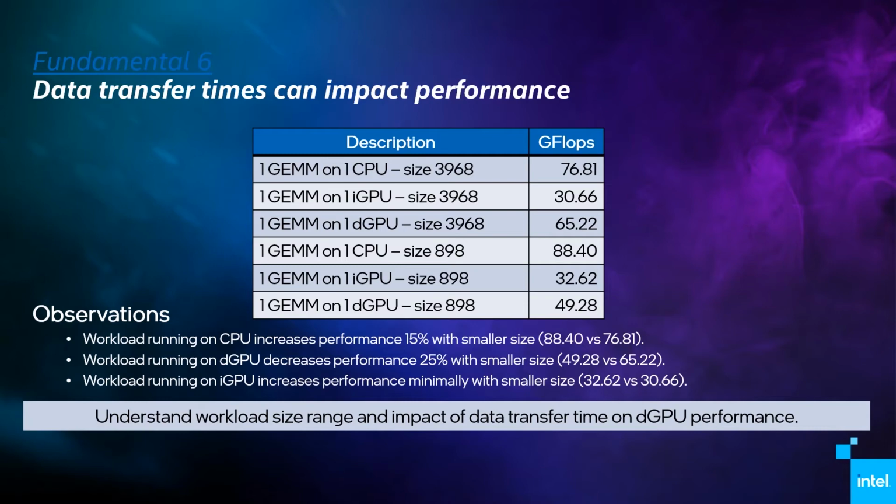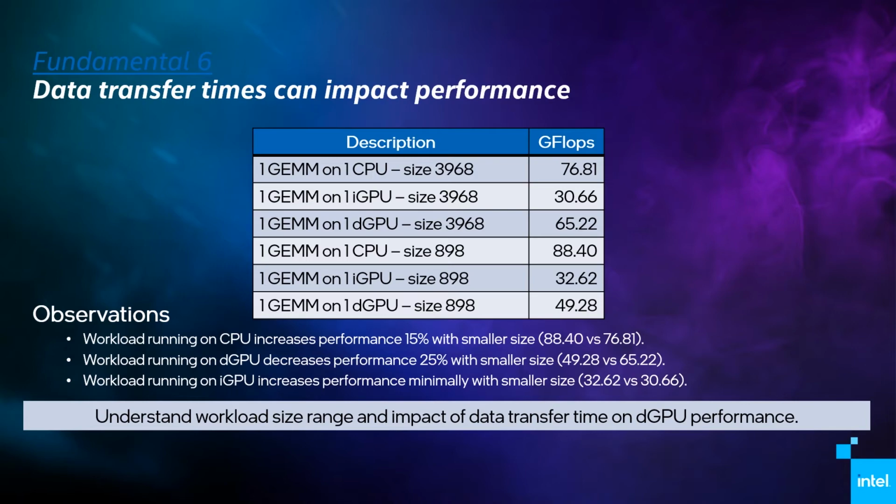Going from the larger size matrix to the smaller size matrix, I saw that running on the CPU increases performance 15% with the smaller size. The CPU essentially had less memory to work on, and so it was able to increase the overall gigaflops performance.